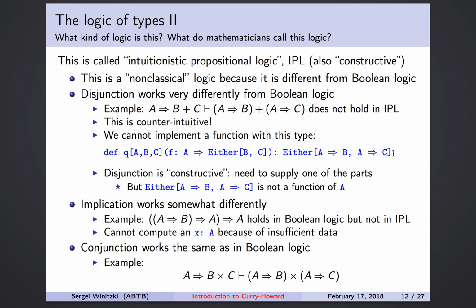And we cannot really decide that. If we decide we return a left, we must then return a function from A to B. But there's no way for us to construct this function if we're given this function, because this function could sometimes return C instead of B, and then we'll be stuck. We cannot do this. And we cannot also return the right either. So it is impossible to implement a function of this type.